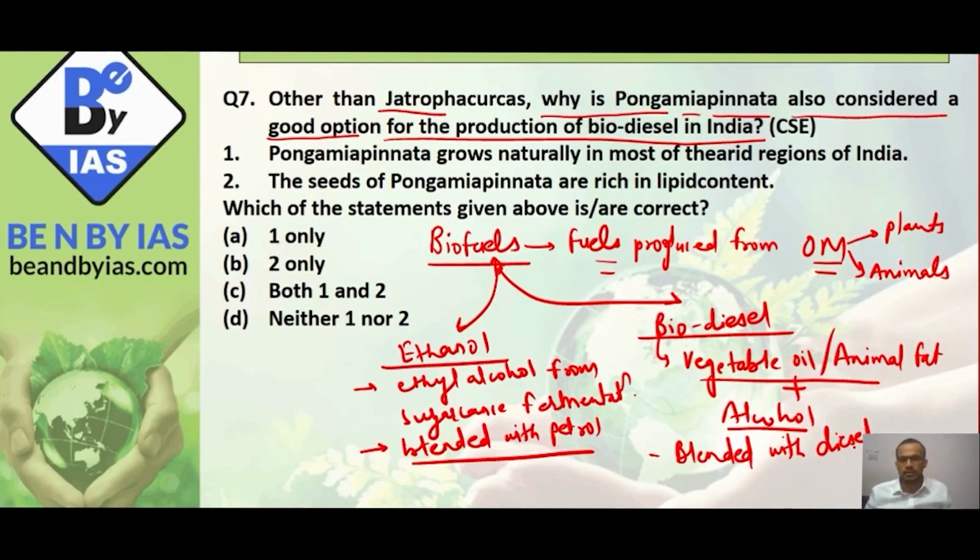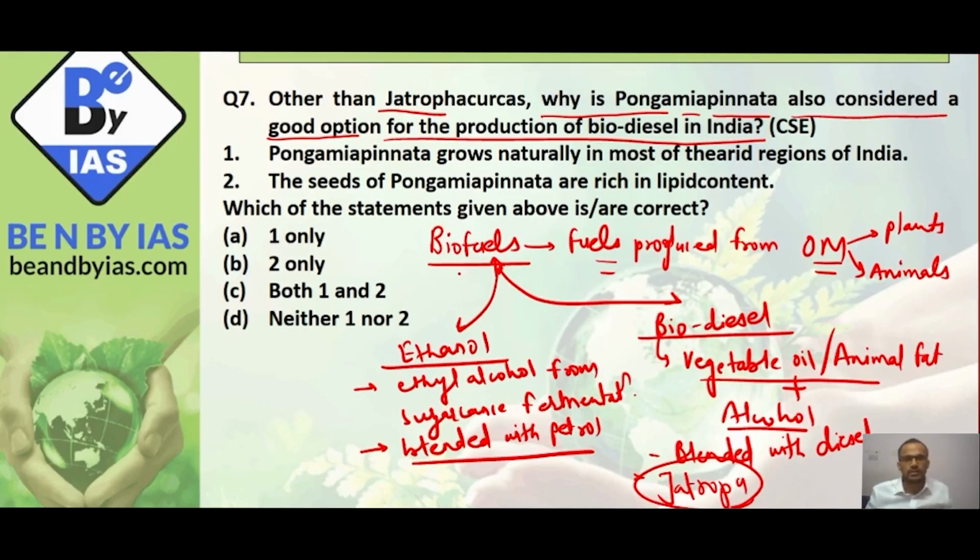Fine. And it is derived from various crops like rapeseed, soya bean and jatropha. Fine. So this is about biofuels.